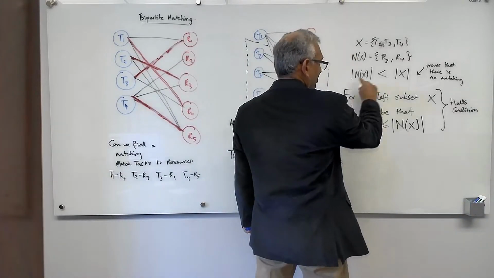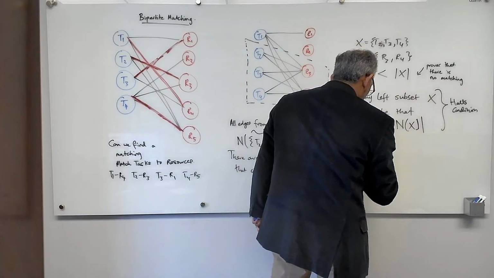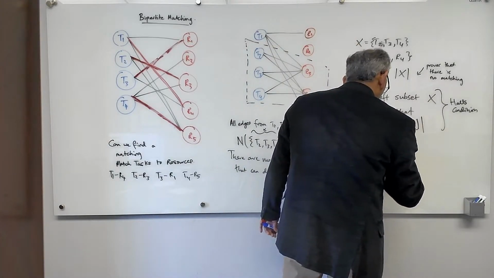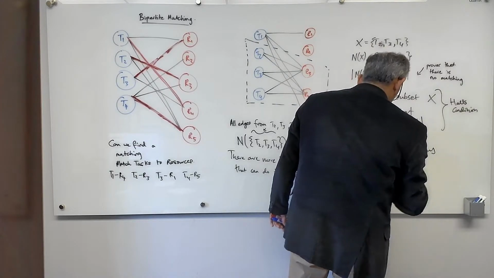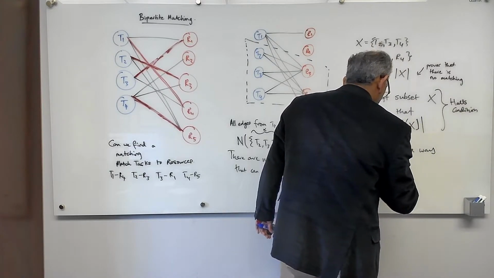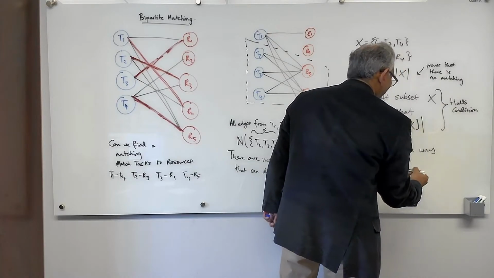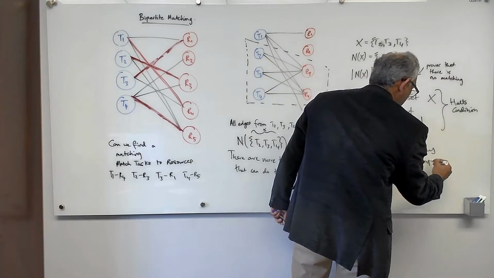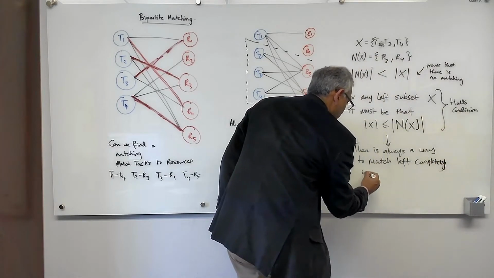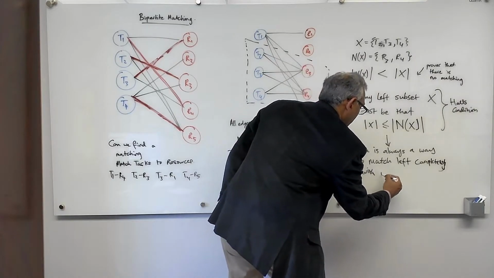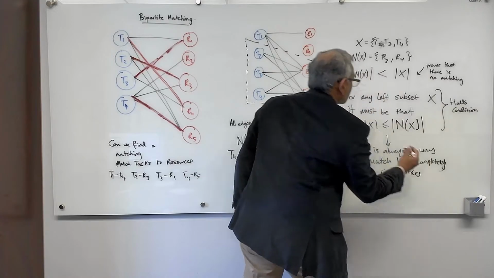Hall proved that if Hall's condition holds, then there is always a way to match the left completely with right vertices. And that's called Hall's theorem.